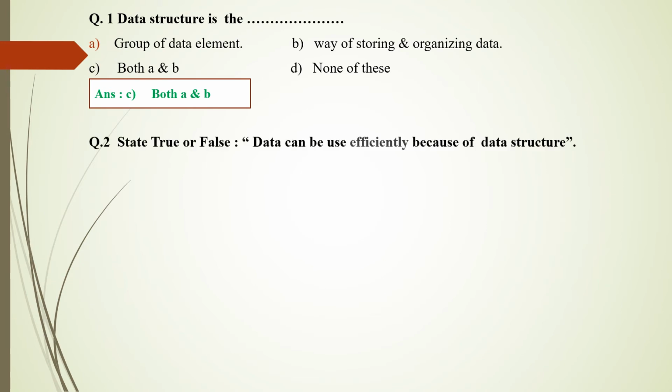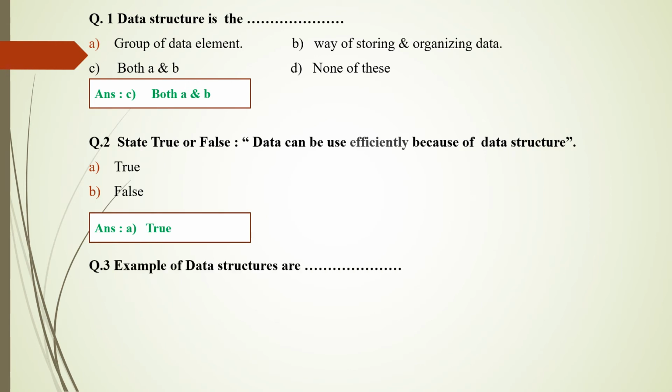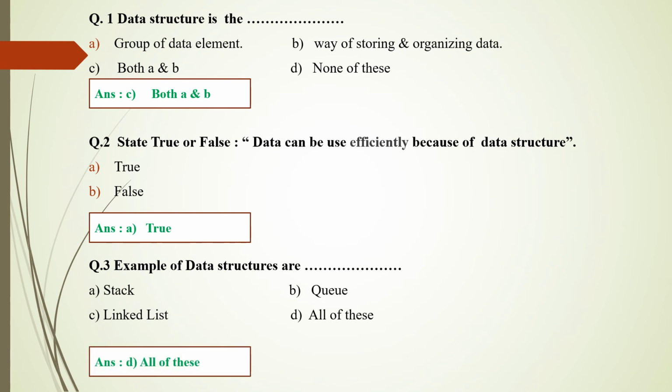Next question is state true or false: data can be used efficiently because of data structure. The answer is true. Next, examples of data structures are: options are stack, queue, linked list and all of this. The answer is all of this.